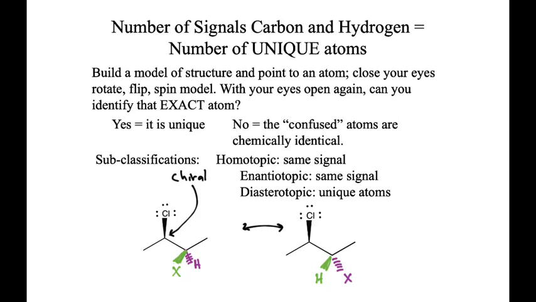They're diastereomers. What does that mean about those hydrogens? They are diastereotopic. They are unique hydrogens. You can be like, that sucks. It does. I agree with you. It doesn't change that it's still there.